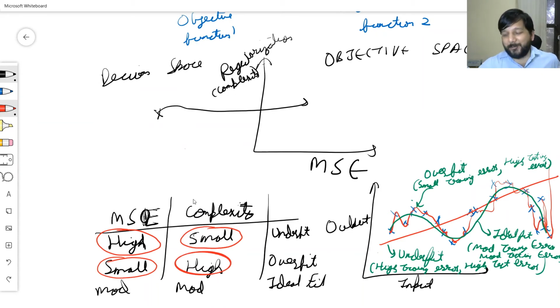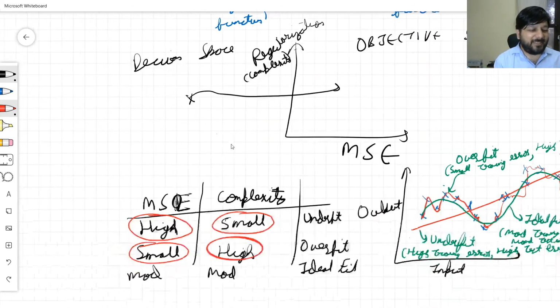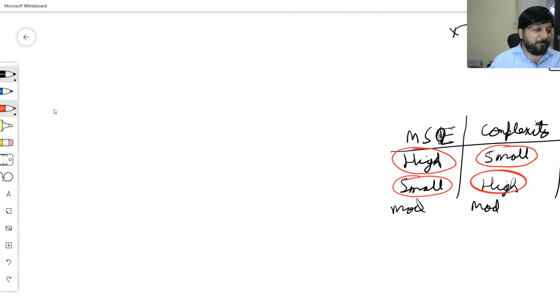You work very hard to optimize one, the other goes equally bad. You can only optimize one, the other will become bad. That's unlike the case where optimizing one also optimizes the other, in which you have a choice. So we've got the same problem.